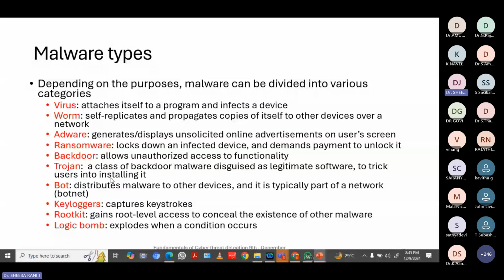So what is a Trojan? For example, in a secured environment, inside that we'll have a program which is embedded in the particular environment. When you see that program, we couldn't say that it is not the one that we required, but it will have the appearance of legitimate software.